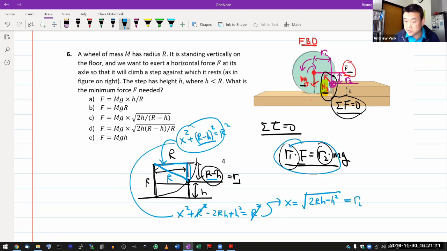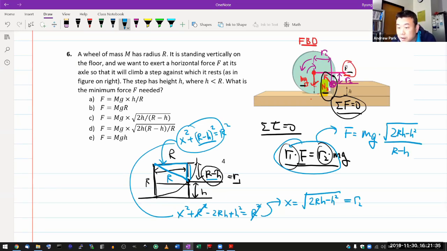So solving for F here, you get F is equal to mg, that's the constant thing in all the answers, times the ratio, square root of 2RH minus H squared over R minus H. And I think if you factor out one factor of H, then you can cancel out one factor of R minus H, so you get mg times square root of, wait, is that it?